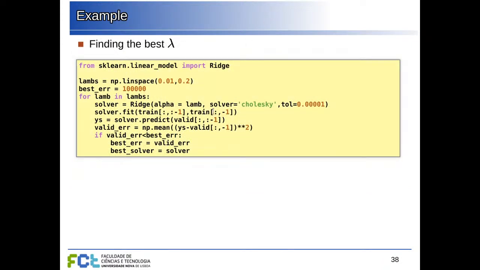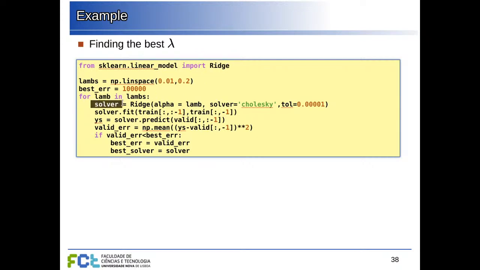And now we do the same thing that we did with the polynomials, but we are not going to do a polynomial fit with different degrees. We are going to use ridge regression from scikit-learn. So from this linear model module, you can import the Ridge class.